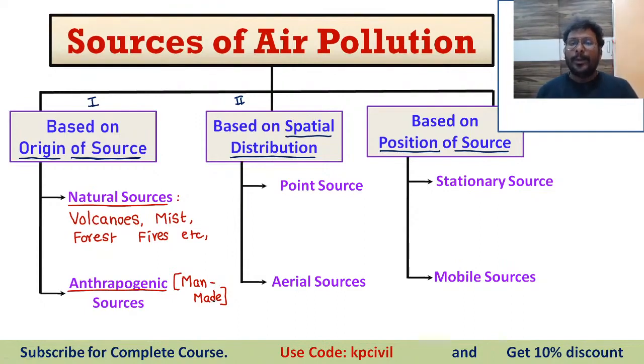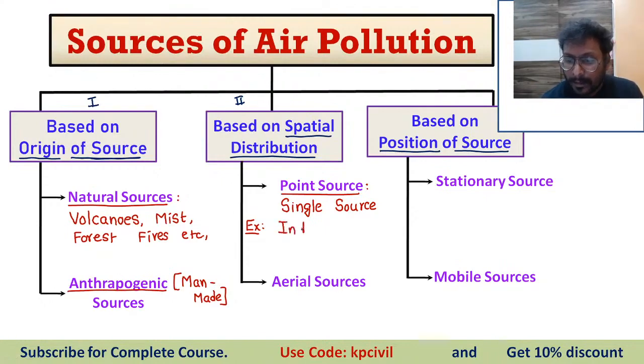Then, based on spatial distribution, point source is nothing but a single source. Pollutants are released from only one source. There is not more than one source. Example: only one industry located in a village.